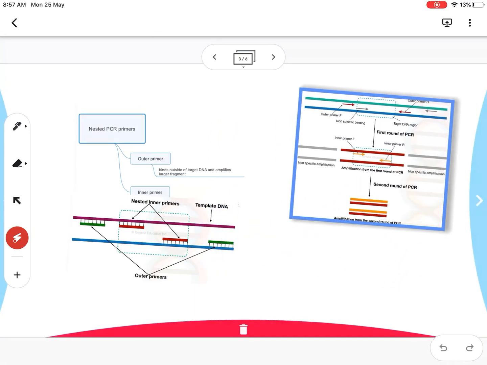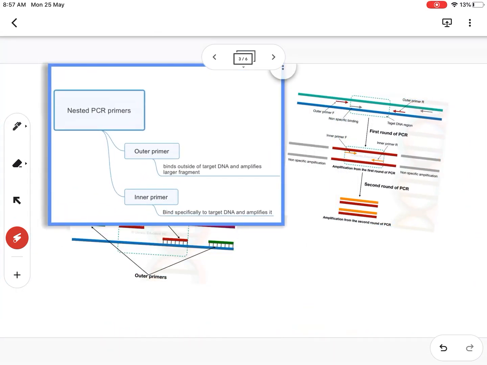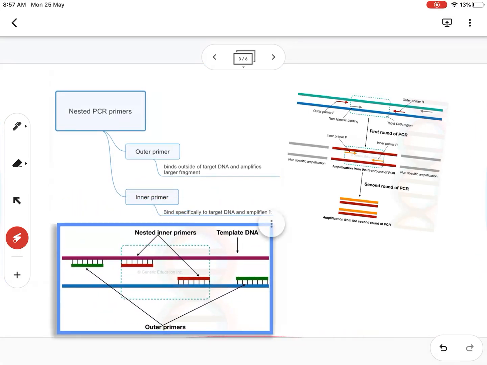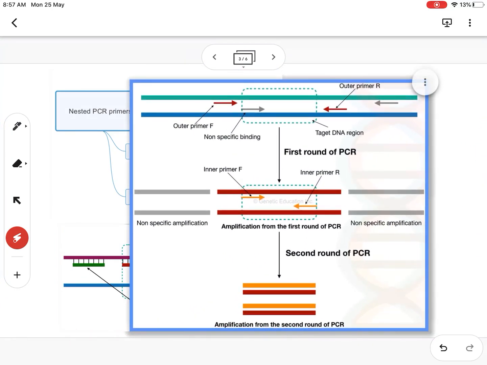Then we discussed the primers. So 2 types of primers are there, outer primers and inner primers. Outer primers bind to the target DNA and amplify a larger fragment, and that fragment is called the amplicon of the first cycle. This amplicon is further amplified by using the second set of primer, known as inner primer.